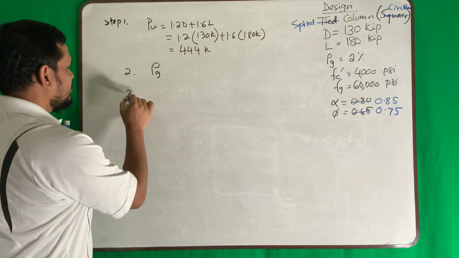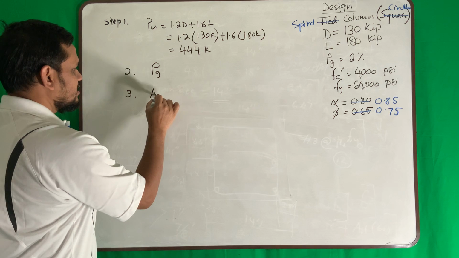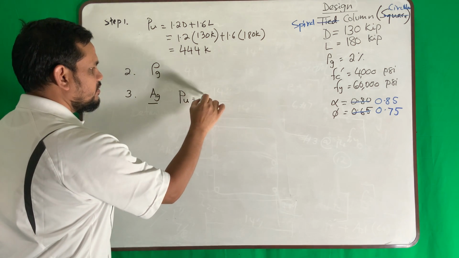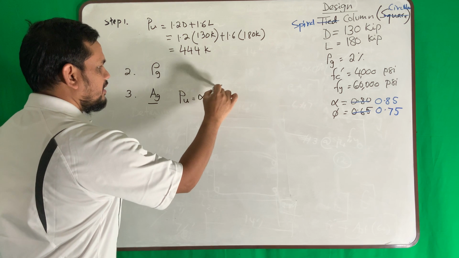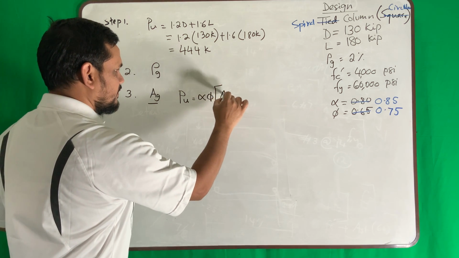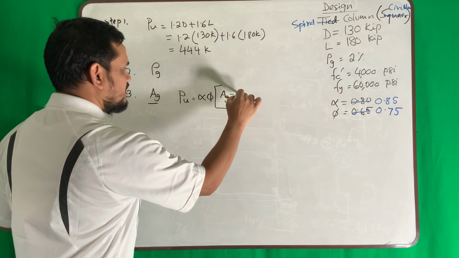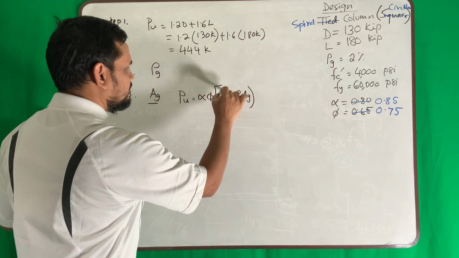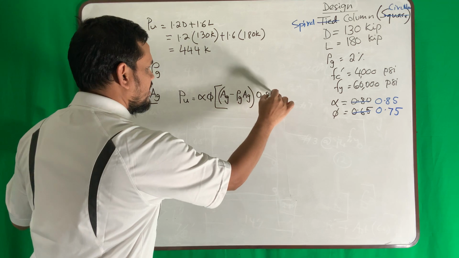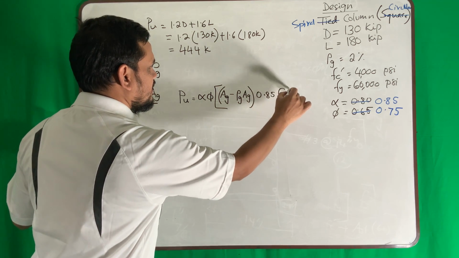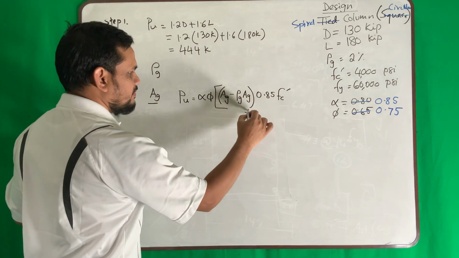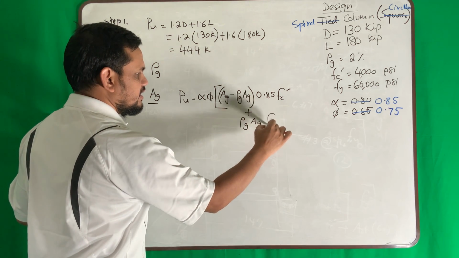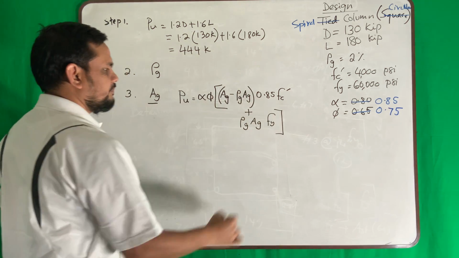So step number 3, calculate AG. How to calculate? My equation is PU equals alpha times (AG minus rho G AG) times 0.85 F prime C plus rho G AG Fy.